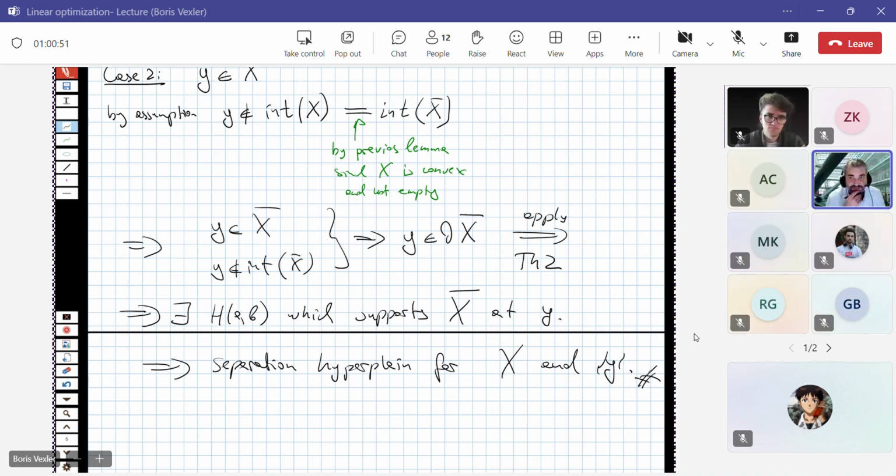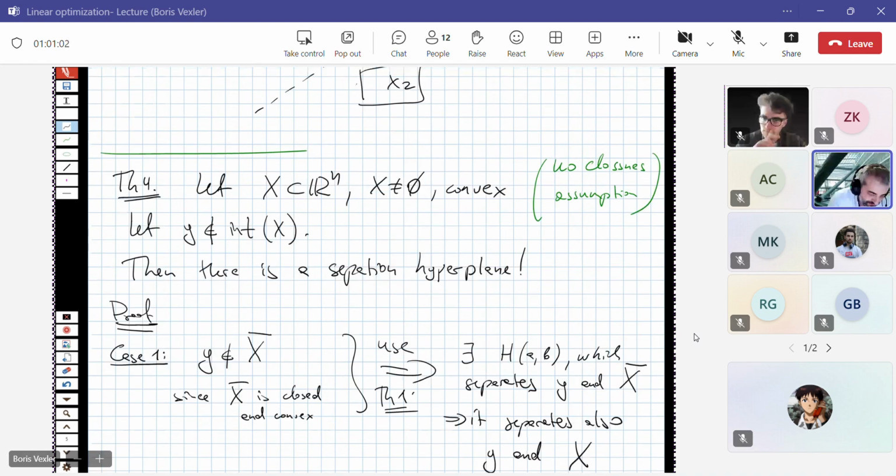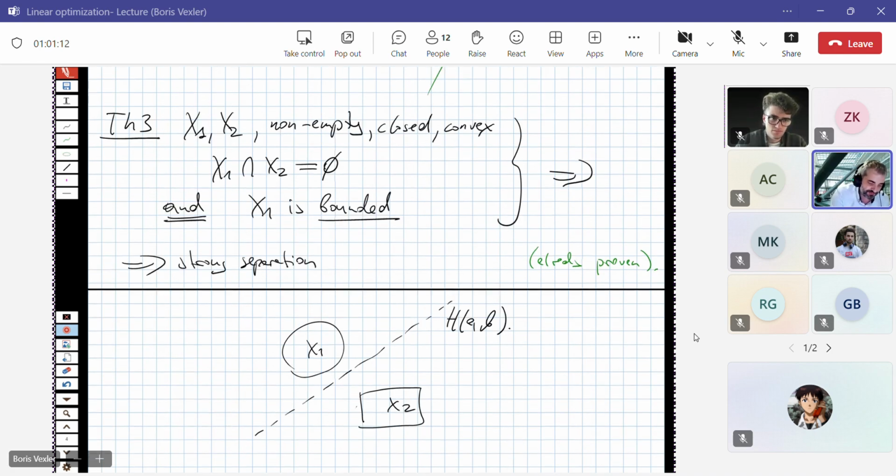Okay. And now it's interesting. Now you see that they removed the closedness assumption. And now probably you remember how our proof for two sets went. We considered the difference of these two sets and tried to separate this difference from zero. And the difficulty was to prove that this difference is closed.